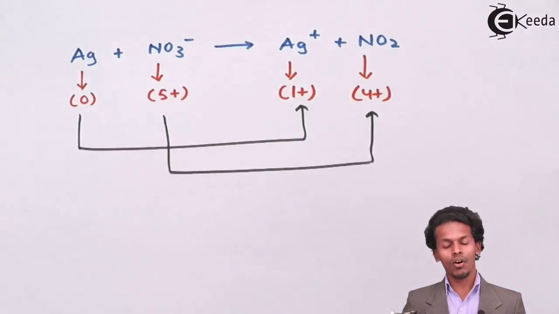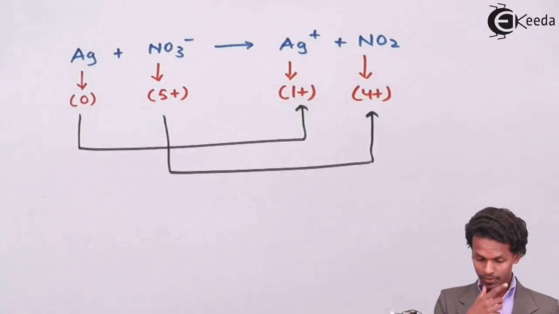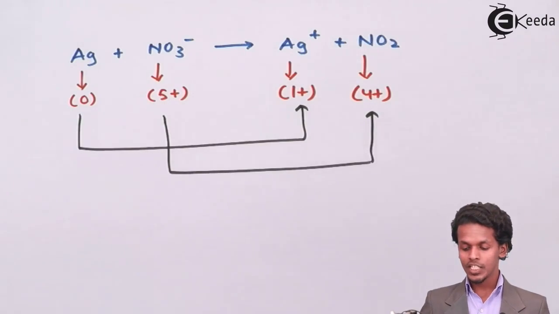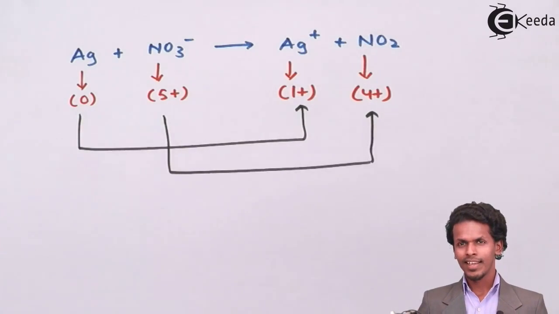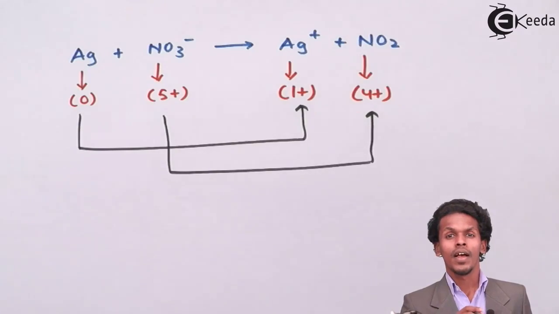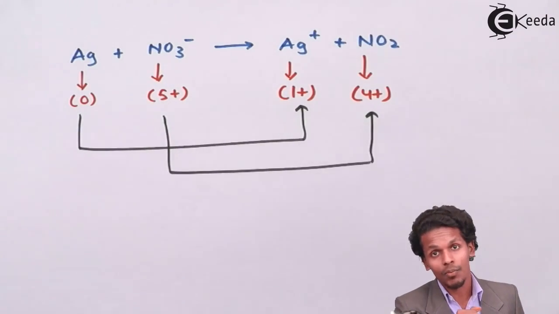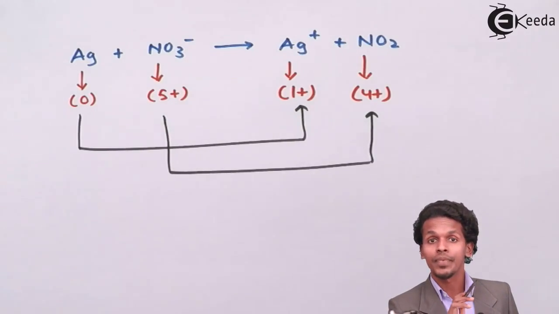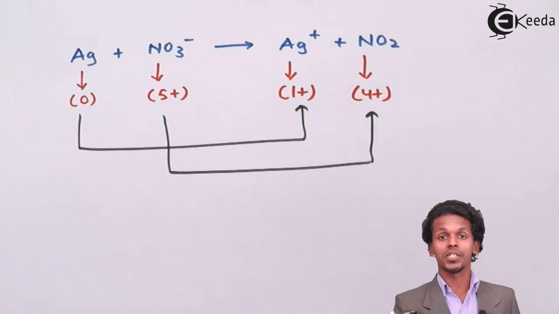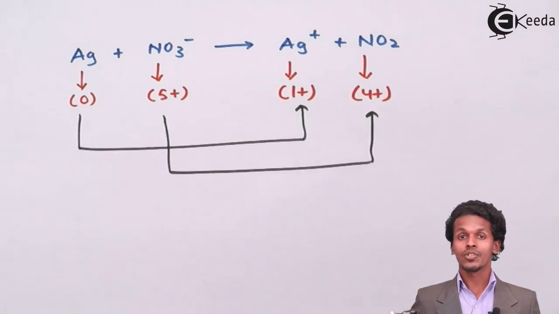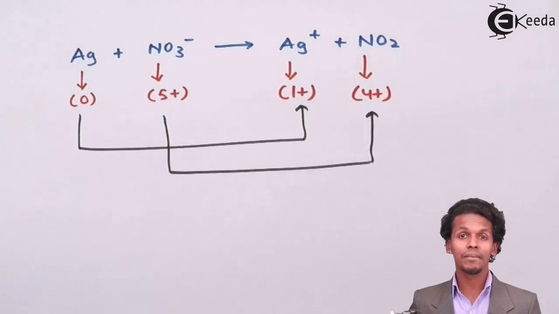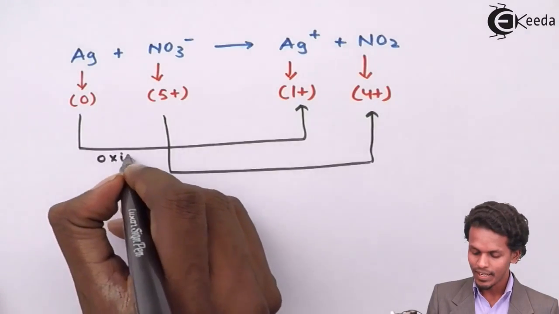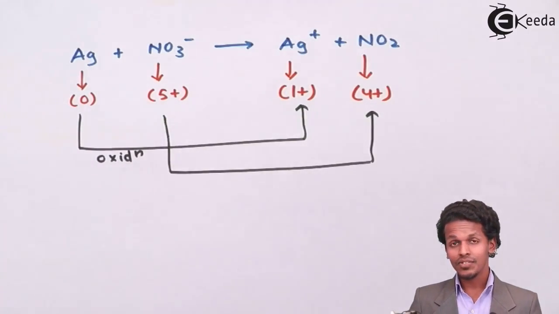The oxidation number of silver changes from 0 to 1, which means an electron has been lost by the silver atom, and only then has it converted into Ag plus. The oxidation number has increased, which is only possible in an oxidation reaction. So this is an oxidation reaction. Let us check the other one.